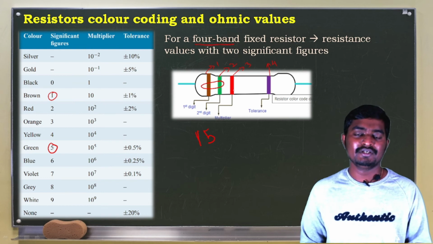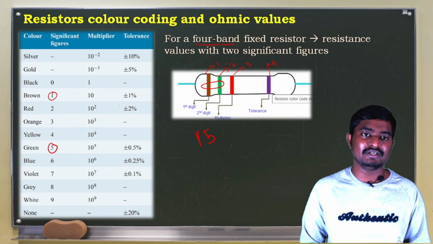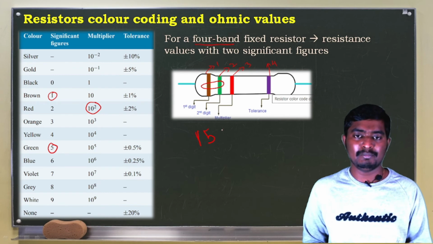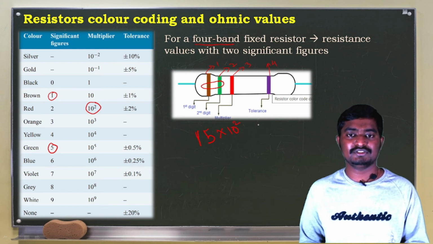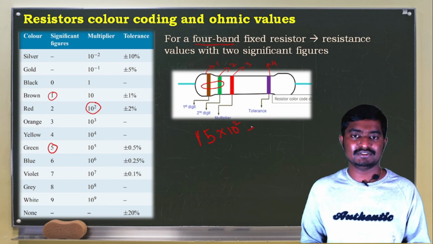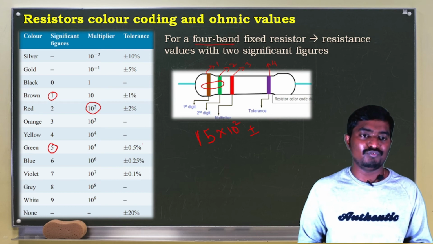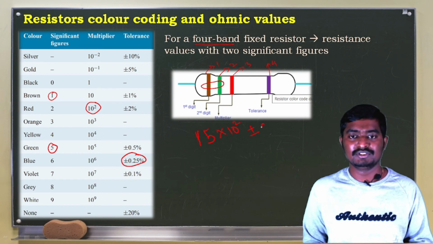The third band is the multiplier value. It is a red color. The value of the multiplier for red color is 10 squared. So I am multiplying by 10 squared. The last band gives the tolerance, that is plus or minus. It is a blue color band. For the blue color band, the value of tolerance is 0.25%.